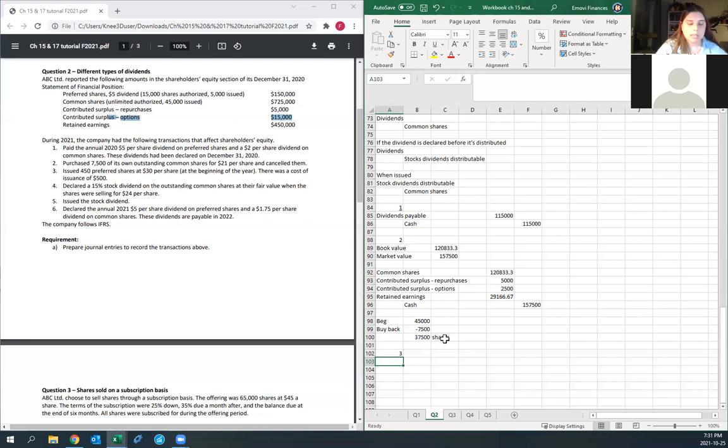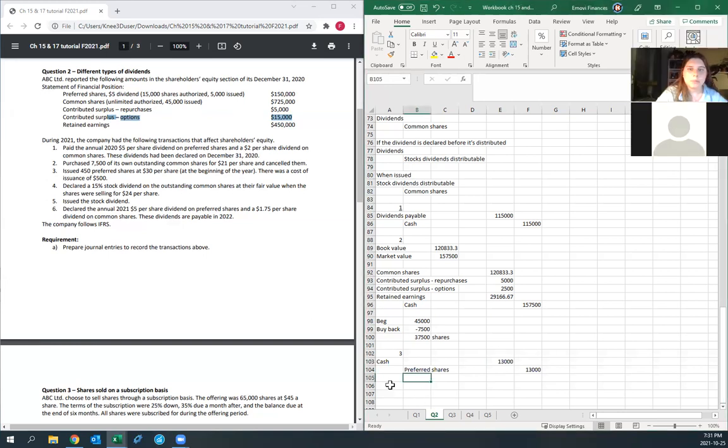So this is going to be cash, because again, cash of 450 times $30 minus your $500 of issuance cost, because it reduces the value, and then your preferred shares for $13,000 also.